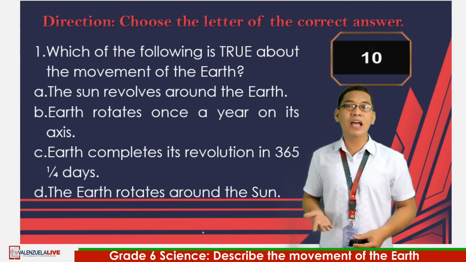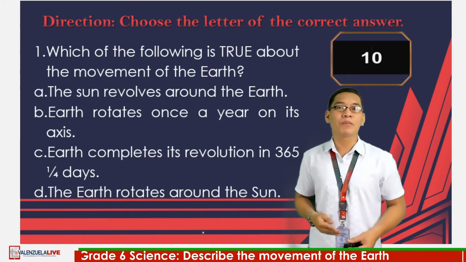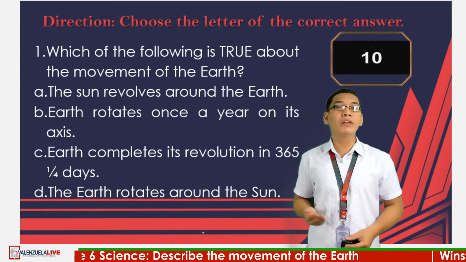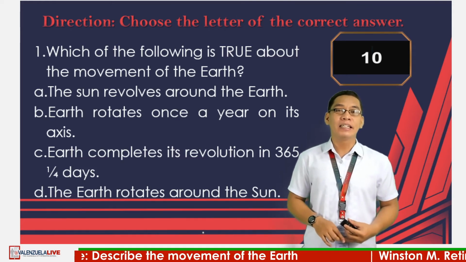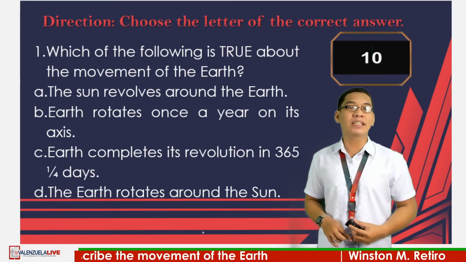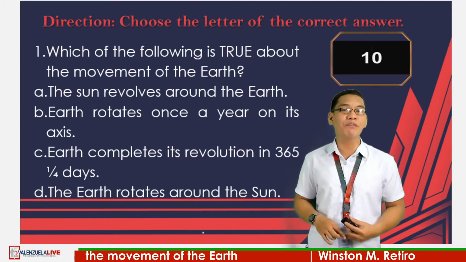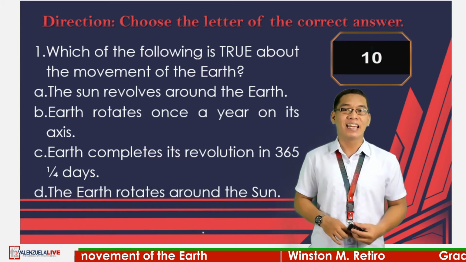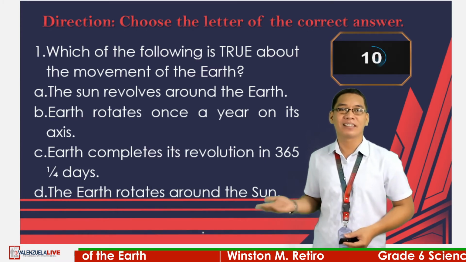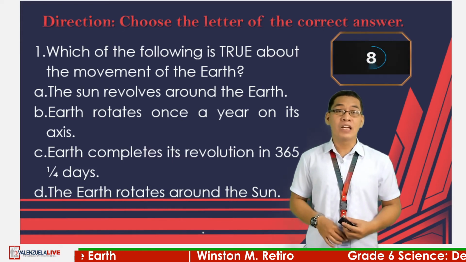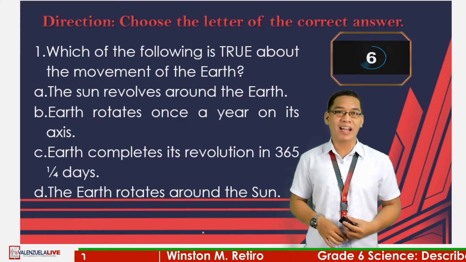A, the Sun revolves around the Earth. B, Earth rotates around once a year on its axis. C, Earth completes its revolution in 365 and 1/4 days. D, the Earth rotates around the Sun. Just type the letter of the correct answer.